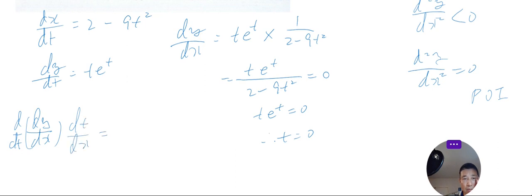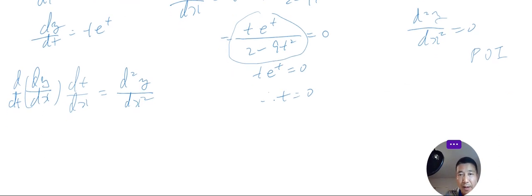So that you can achieve d squared y over dx squared, right? So I'm saying you have to differentiate dy/dx, which is this, right? And then multiply by the reciprocal of dx/dt to achieve that.